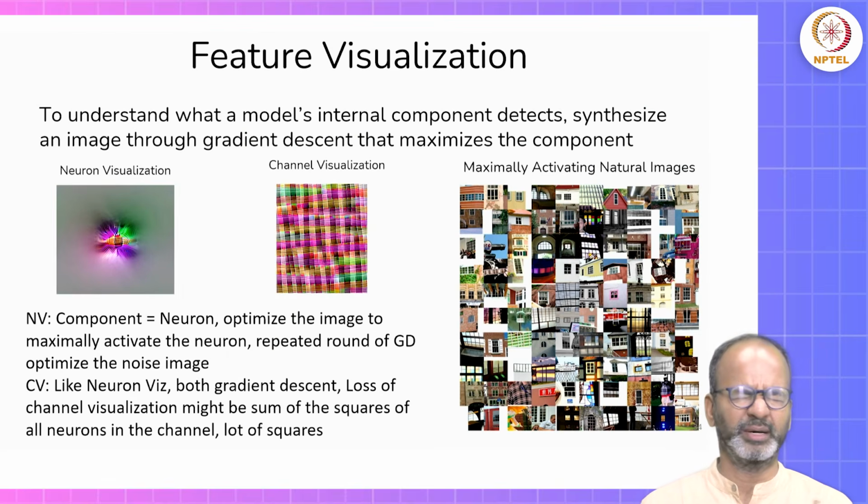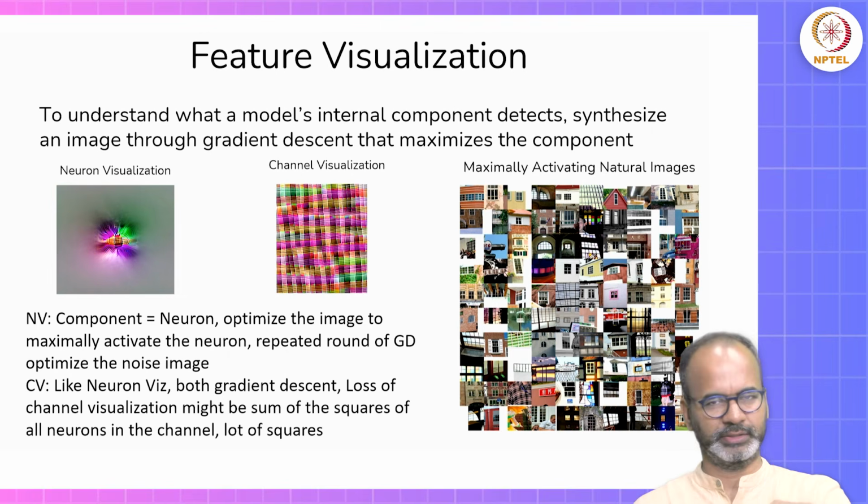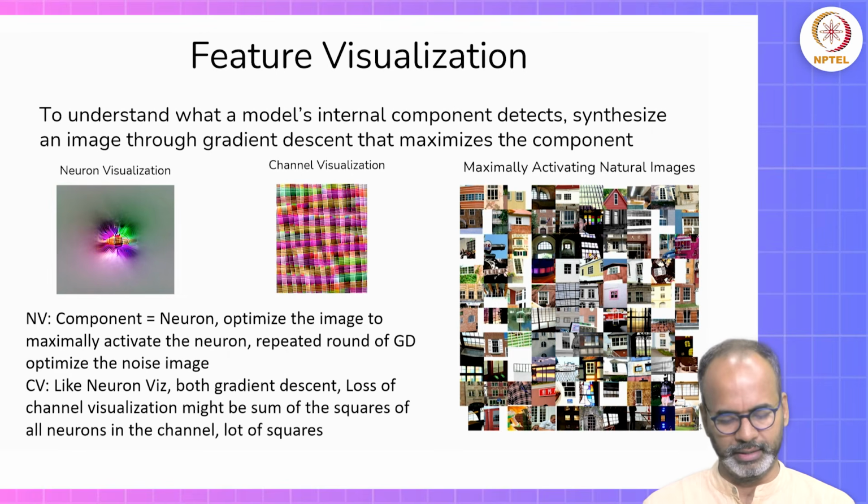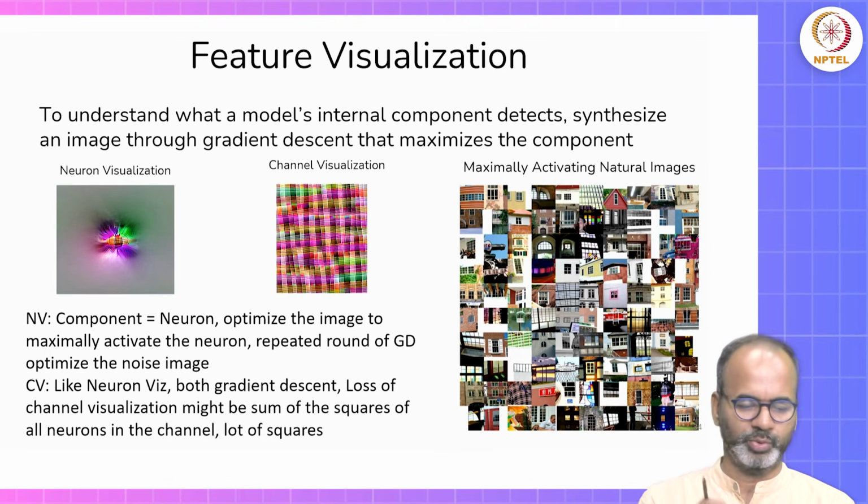If you remember, earlier I mentioned feature visualization in one of the GitHub links I showed. But here the idea is that to understand what a model's internal component detects, you synthesize an image through gradient descent that maximizes the component.